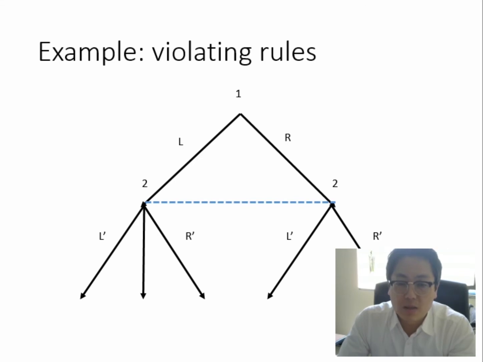At first, the second player may not know where he or she is standing between these two nodes, but eventually knows that at this node he or she can choose three kinds of actions, while at this node the second player can choose just two kinds of actions. So from different nodes, players can choose different actions, so players will know where they are standing. So it doesn't make sense at all.